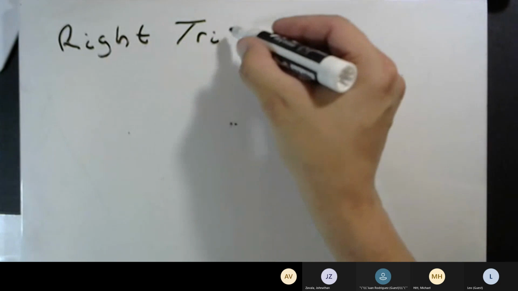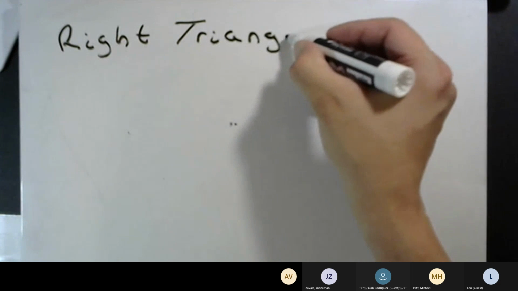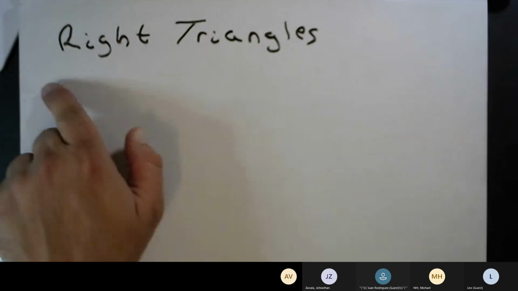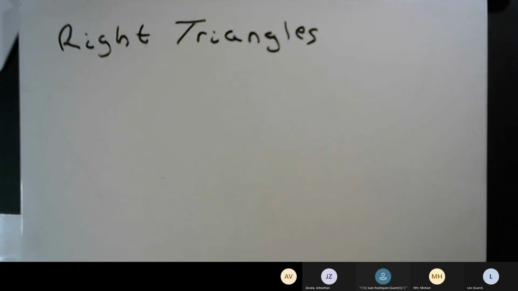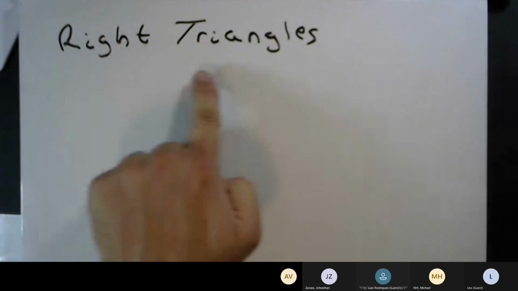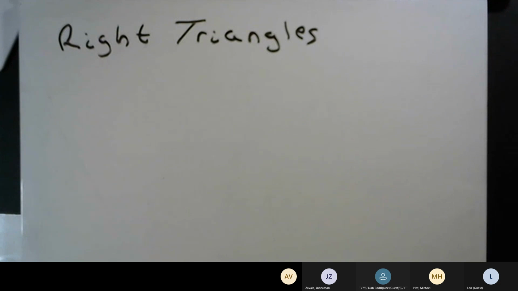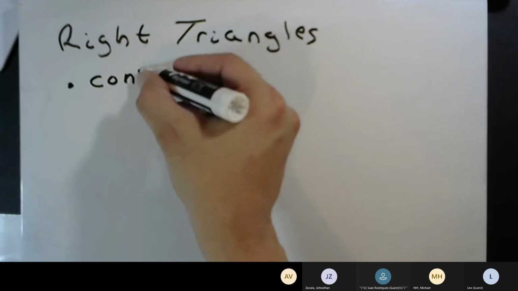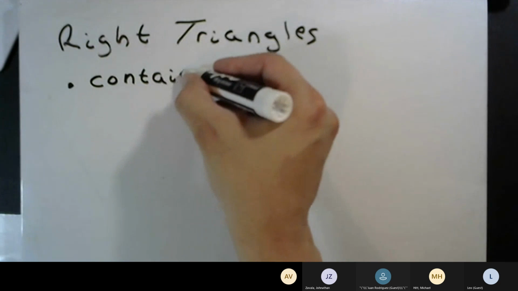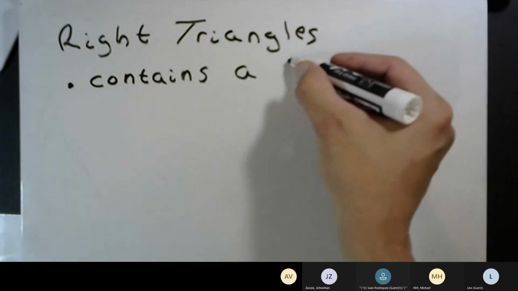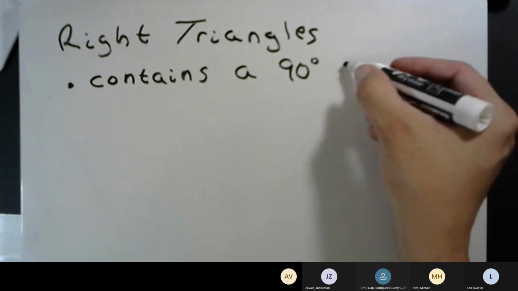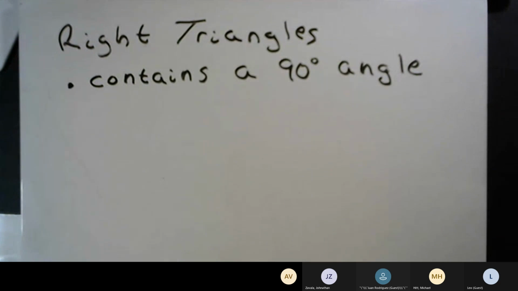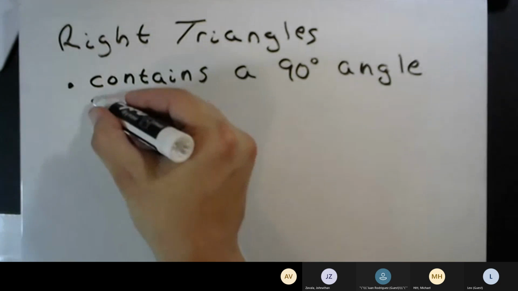For 10.2 and 10.3, we're going to be looking at right triangles, and then we'll finish the course looking at non-right triangles. But this contains a 90-degree angle, or what's called a right angle.